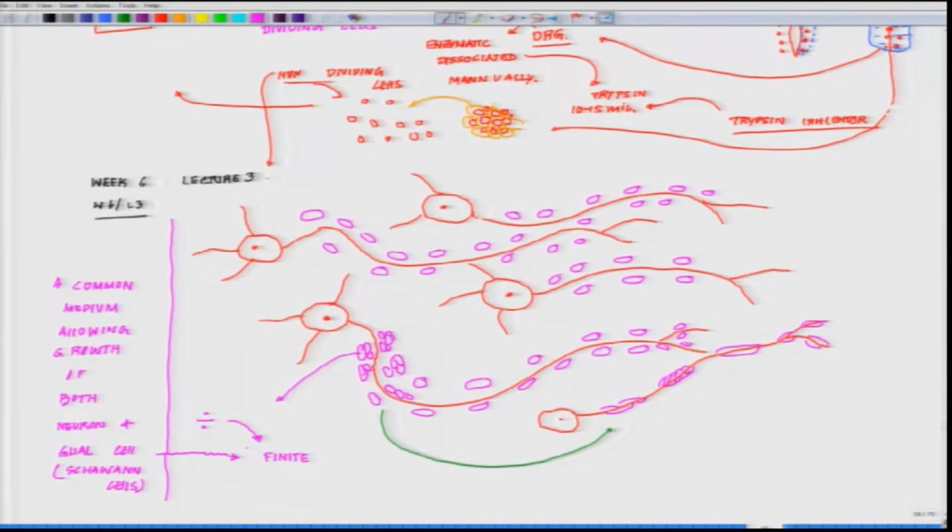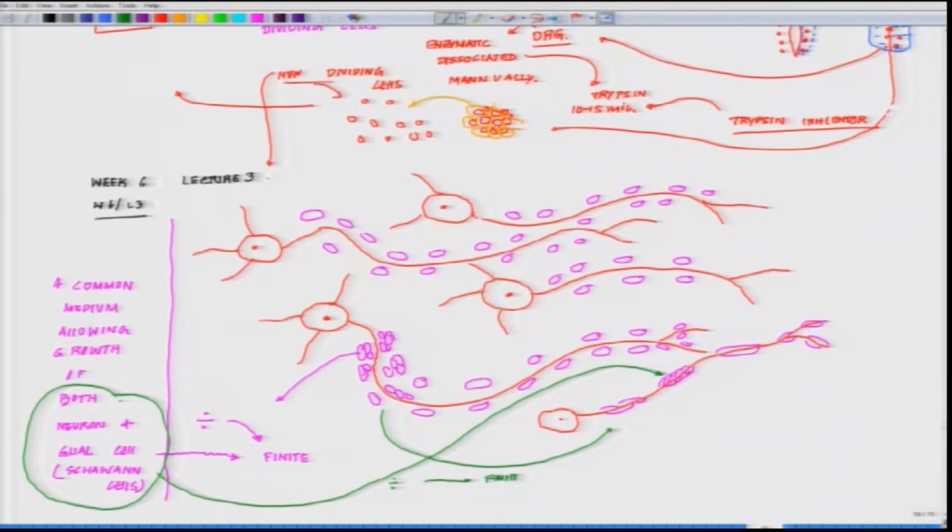But then one has to ensure that these cells, in order to achieve their biological role of forming the myelination, where they have to divide, this division has to be finite. Why does it have to be finite? Because otherwise this is going to completely cover the dish.